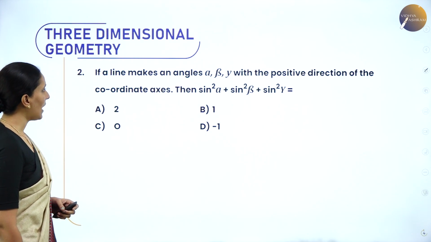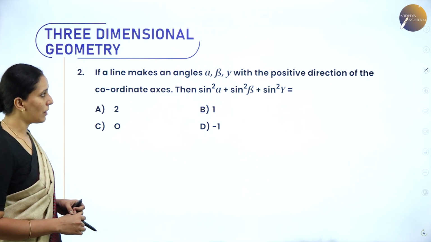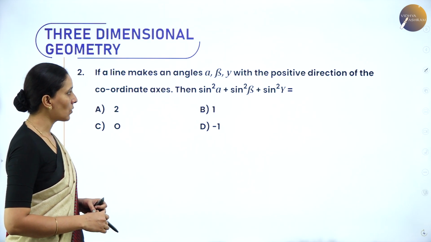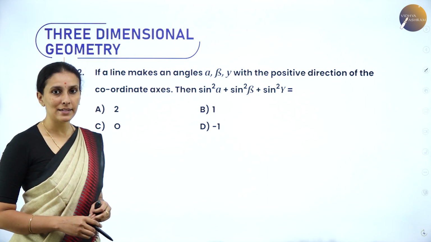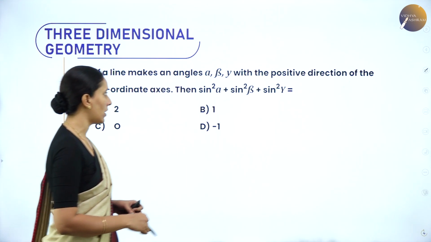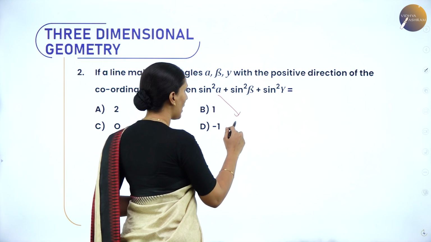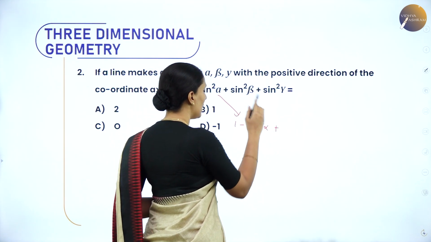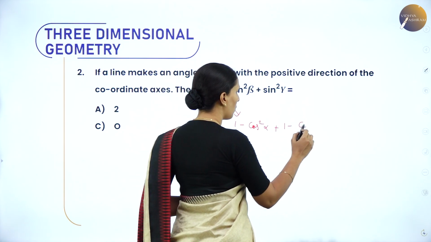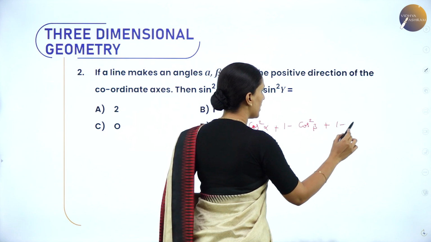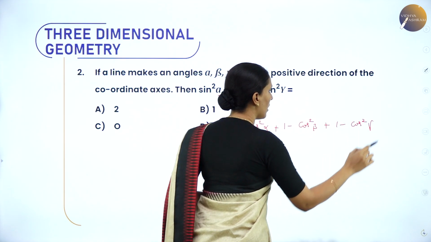Next. If a line makes angles alpha, beta, gamma with respect to the positive directions of the coordinate axes, then sine square alpha plus sine square beta plus sine square gamma equals 2, 1, 0, minus 1. Now sine square alpha can be written as 1 minus cos square alpha. Similarly, sine square beta can be written as 1 minus cos square beta, and sine square gamma as 1 minus cos square gamma.